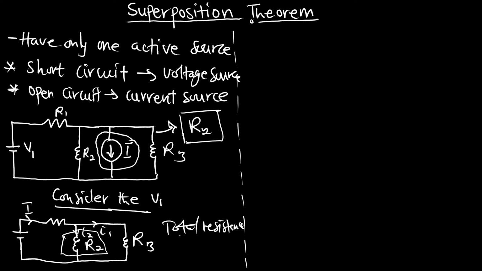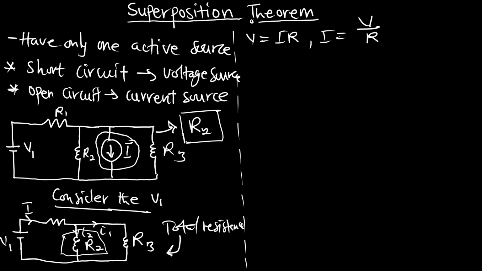We have to find the total resistance in the circuit such that we apply Ohm's law, which says V is IR, and this current, the entire current produced by the voltage source V1, can be known by dividing the voltage by the total resistance. So we are going to get our current I.